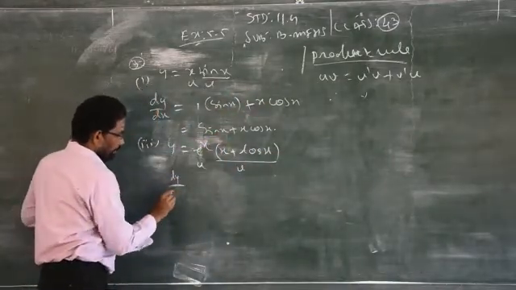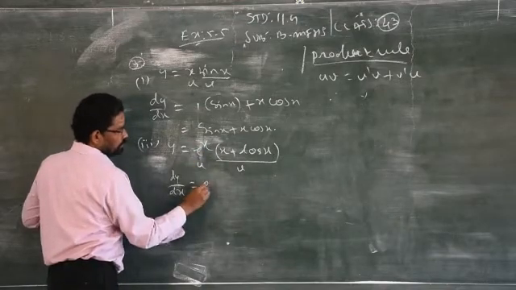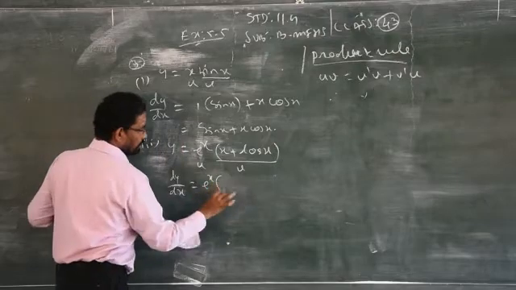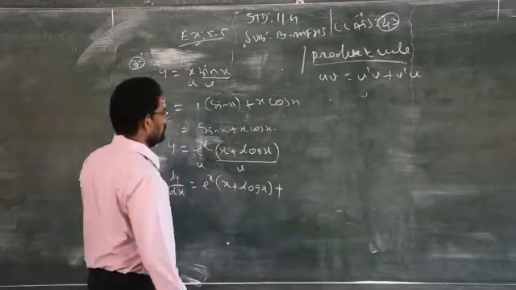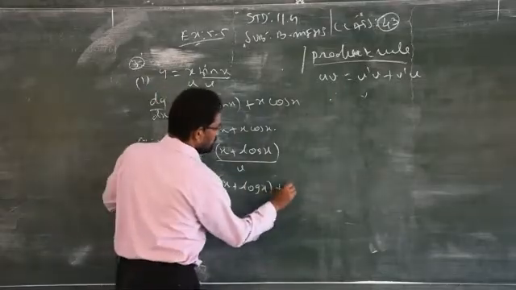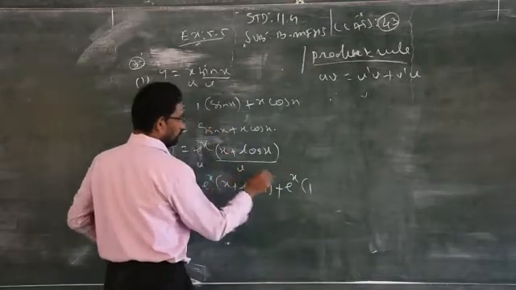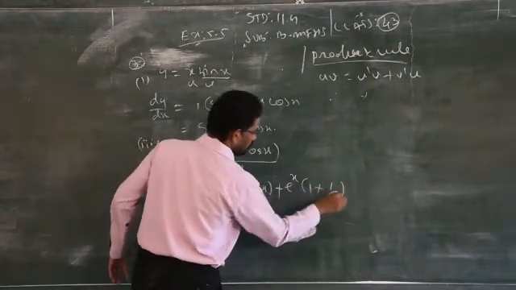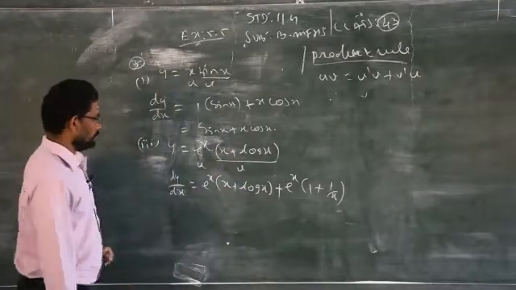So, dy by dx is equal to differentiate u, e power x is always e power x, plus, then keep u as it is, differentiate v, x will become 1, log x is 1 by x. Everything is there in the textbook, refer to the formula and differentiate.